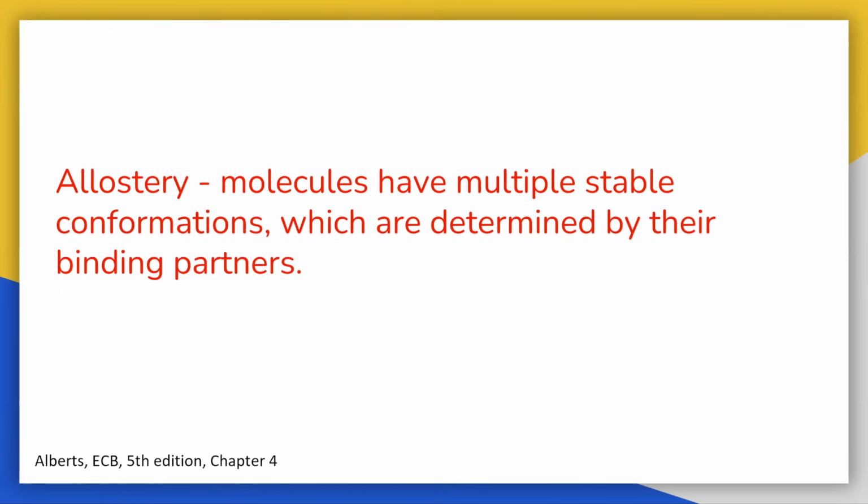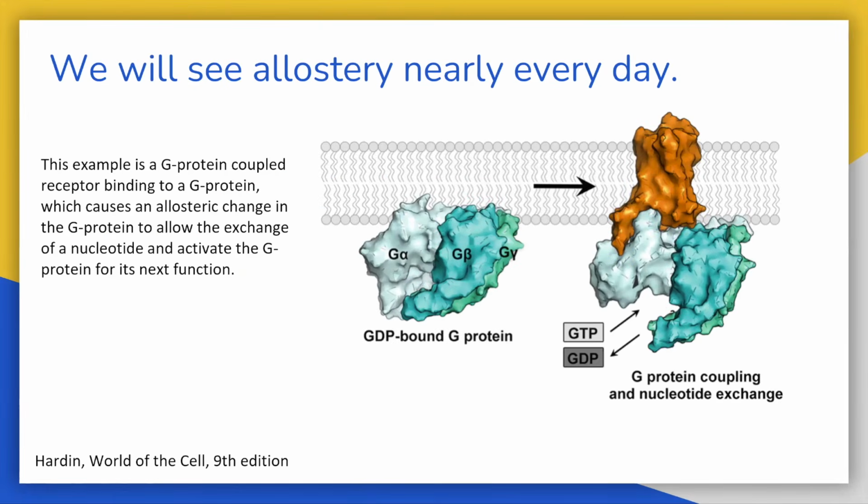Regardless, the point is that we have ways of regulating how proteins function by changing who their binding partners are and using that to make them more or less active at the jobs that they do. We will see examples of allostery nearly every day in this class. For example, here you see a G protein coupled receptor, and the G protein is shown here in green. When the orange receptor binds to this G protein, you see that the G protein changes its shape in two ways.